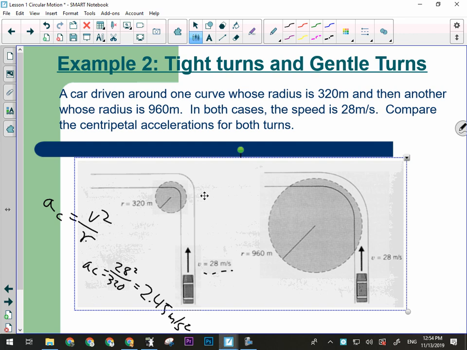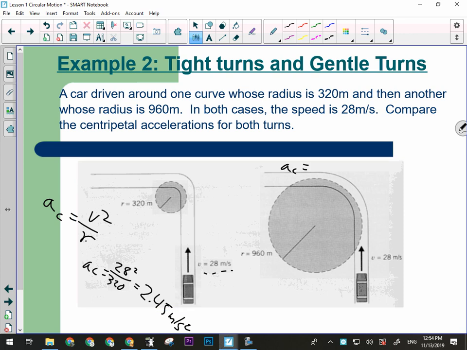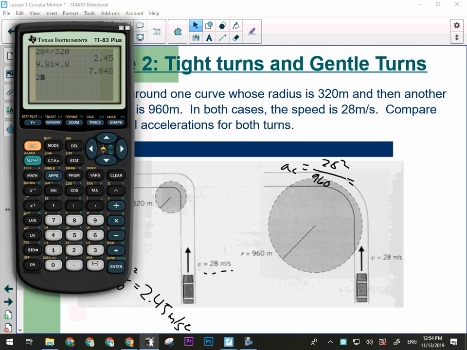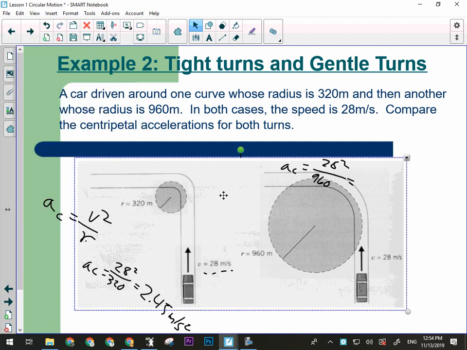Okay? Because the second corner has a radius 3 times greater than the first corner. Right. So our centripetal acceleration for this corner will be 28 squared divided by 960. Okay. So we're getting an acceleration there of 0.816 or 0.817 meters per second squared.